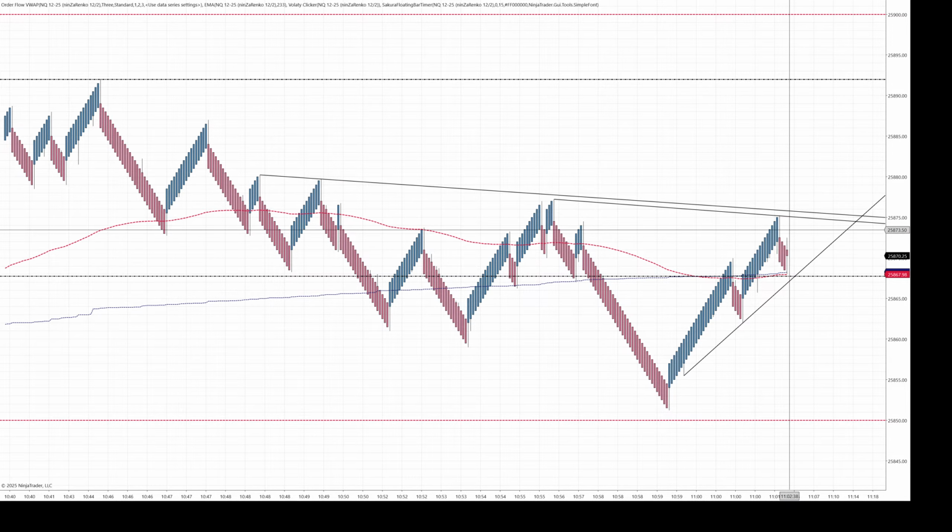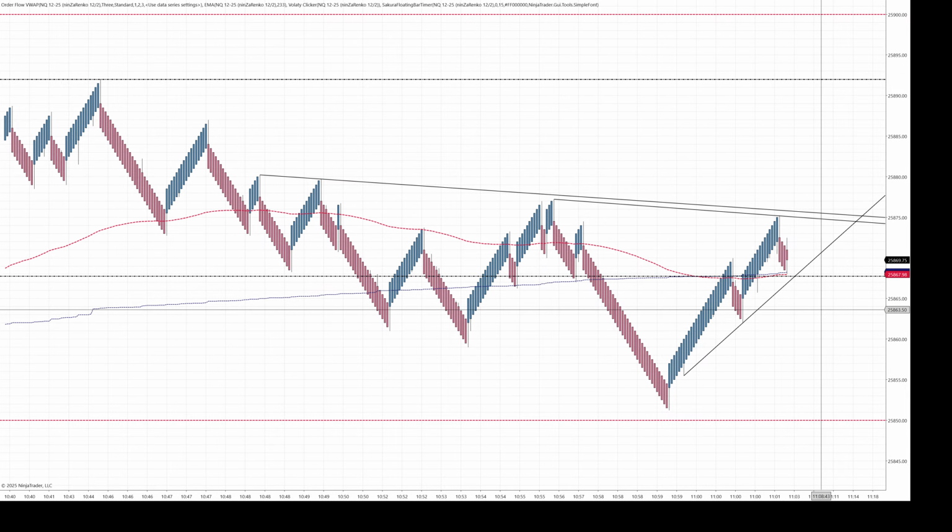Can't take it bullish here if it reverses up. We have these two trend lines on the way.